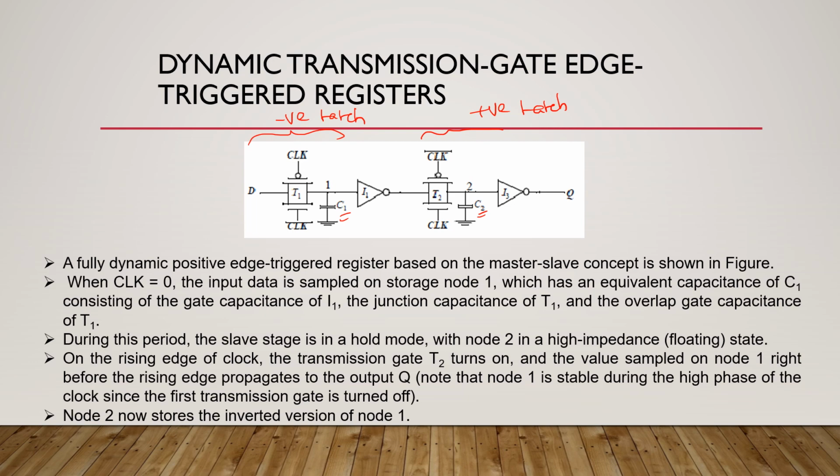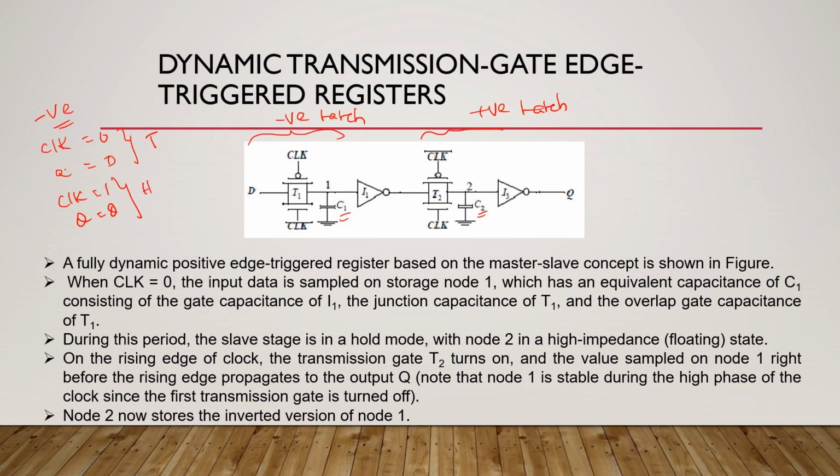Negative latch means when my clock is 0, my output Q equals the input, and the latch is said to be in transparent mode. When my clock is 1, Q equals Q, that is, it holds the previous data, so the latch is in hold mode. This is the negative latch.